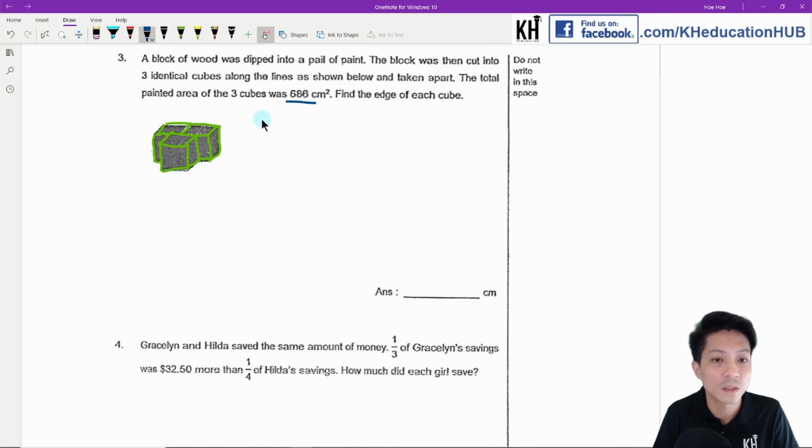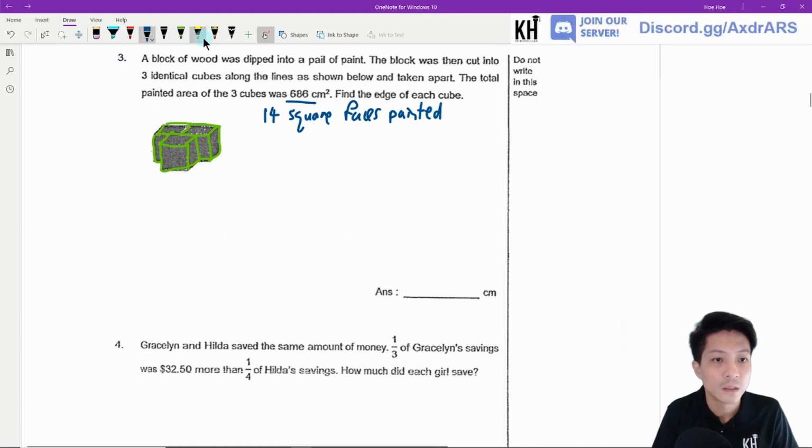It will be 14 square faces painted. The trick is probably this part here.